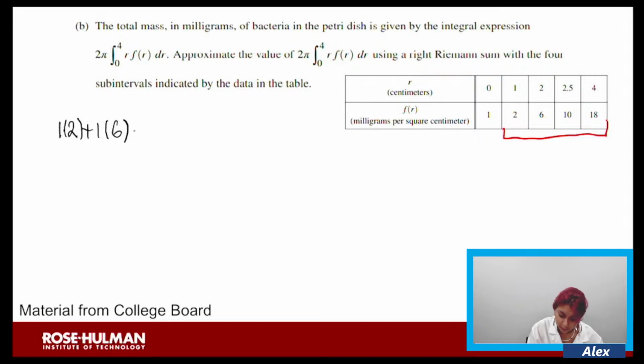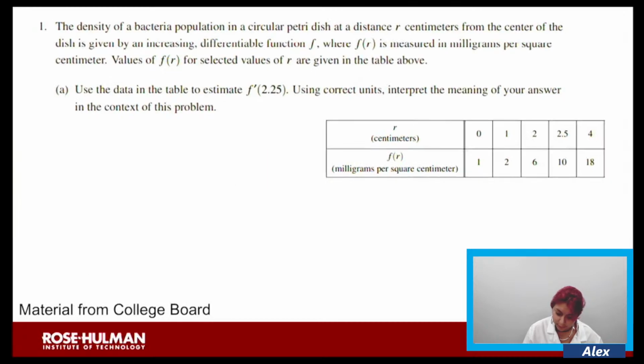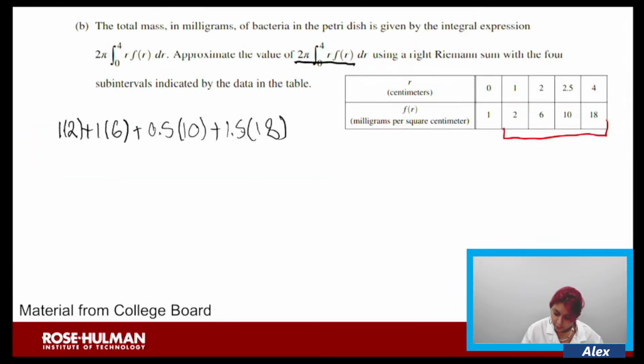The difference between 2.5 and 2 is 0.5, times 10. The difference between 4 and 2.5 is 1.5. Multiply that by 18. So that'll give you your approximation for this integral by using the rightmost values for each of our different rectangles.